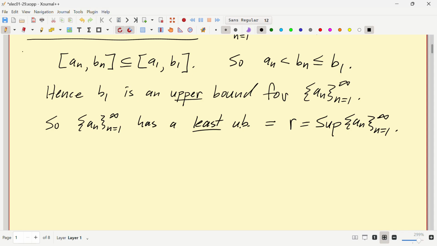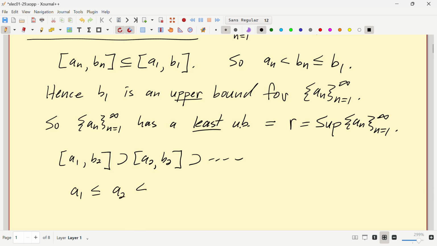Here's the way to do it. [A_n, B_n] is contained in [A_1, B_1]. I already did that one, sorry. [A_1, B_1] is the big one, is contained in [A_2, B_2], etc. That means A_1 is less than or equal to A_2, is less than or equal to A_3, etc.